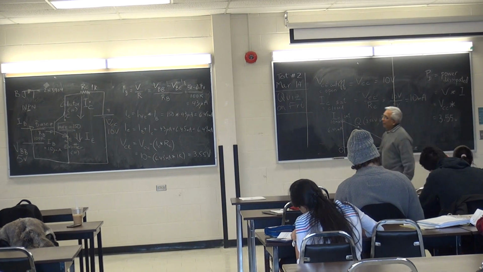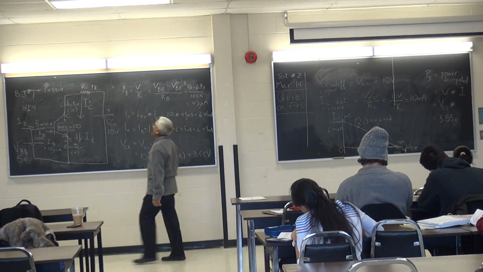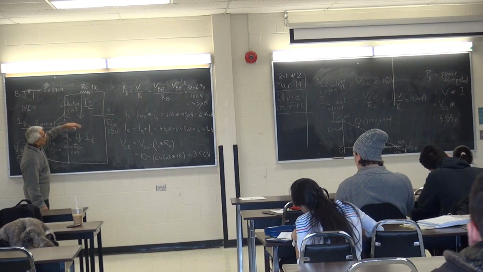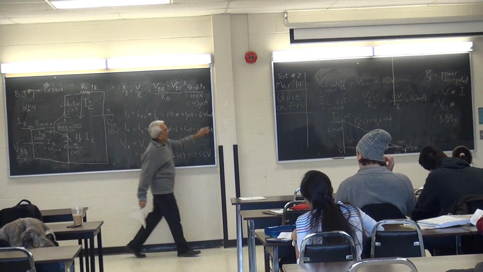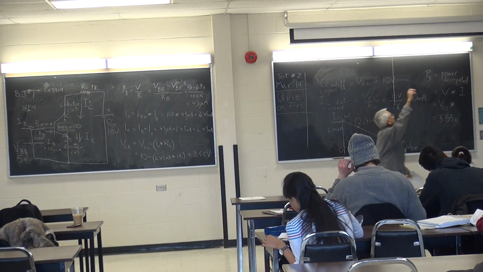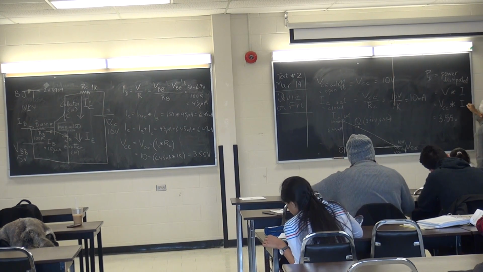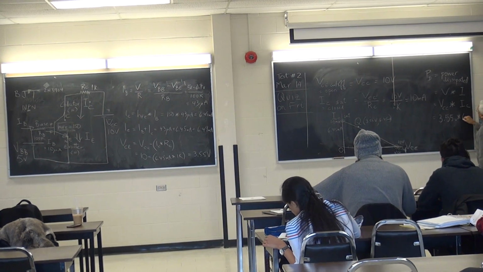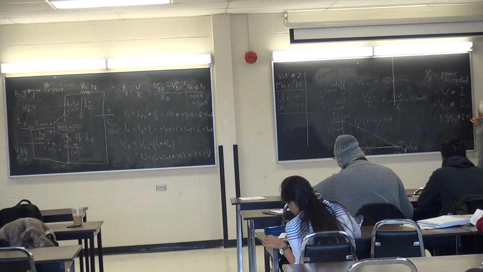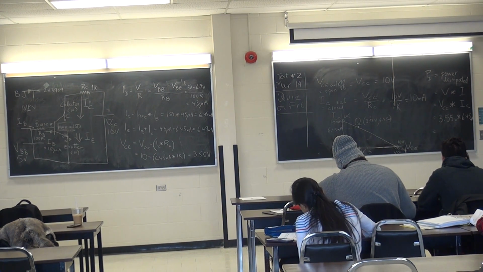The current. What is the current in the transistor? IC. How much? 6.45. What's 3.55 times 6.45 milli?